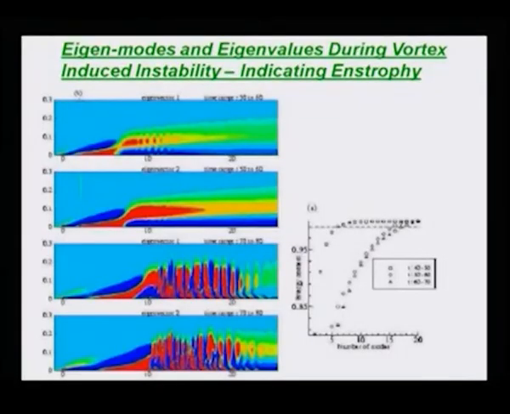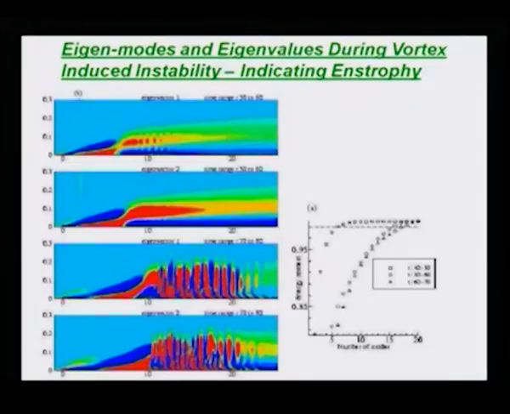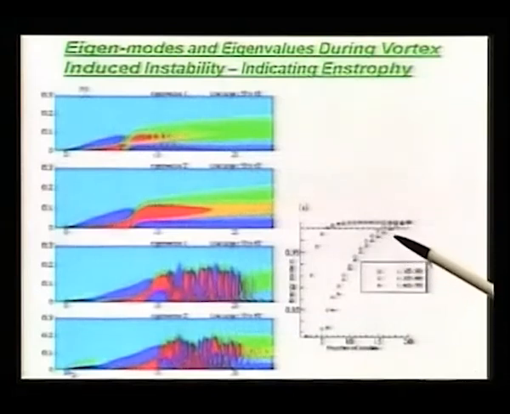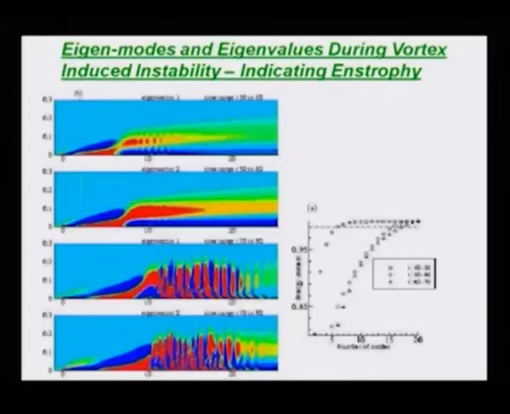The moment your primary instability starts and vortex induced instability occurs, then you see what happens. Then you see that to reach that 99%, we virtually exhaust all the 21 modes that we have, maybe 16 to 17, that kind of a difference. So, these are given at various time intervals: 40 to 50, the second data set is 50 to 60, and the third data set is 60 to 70.